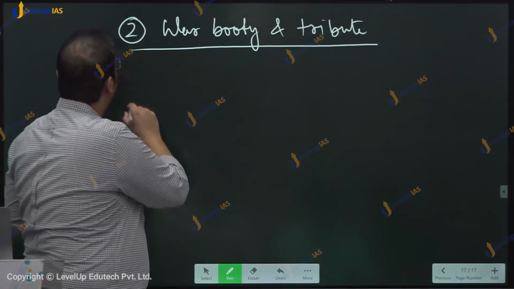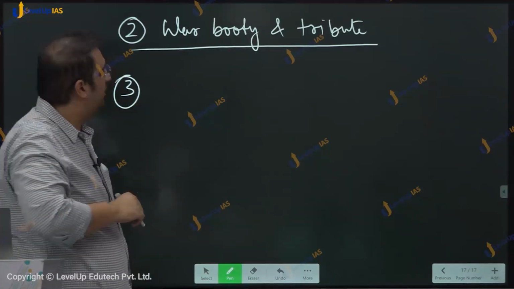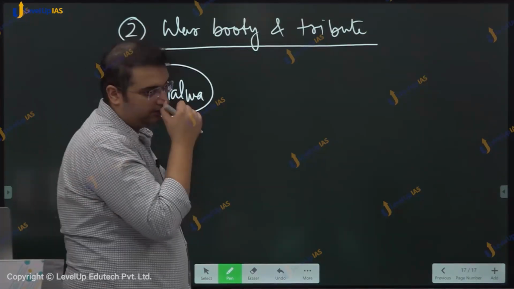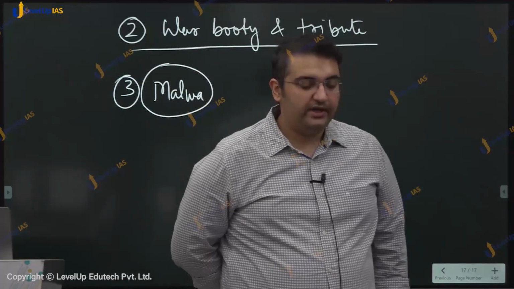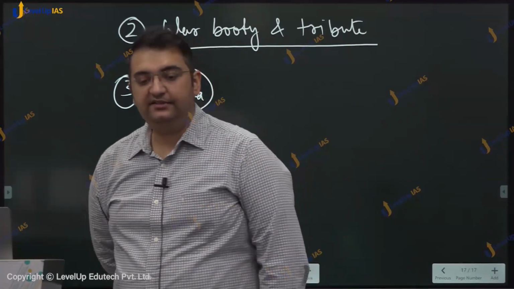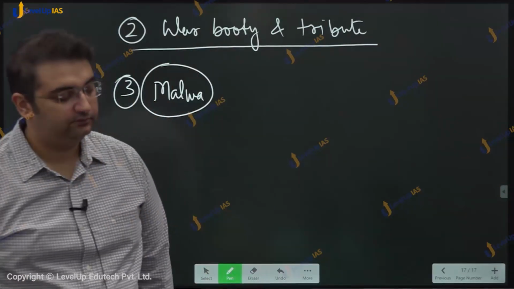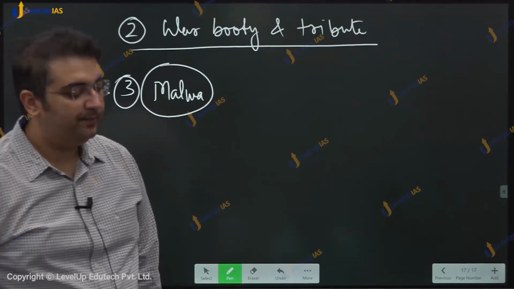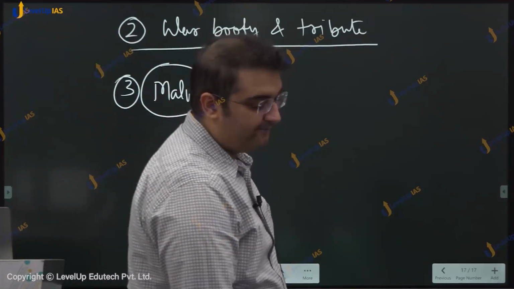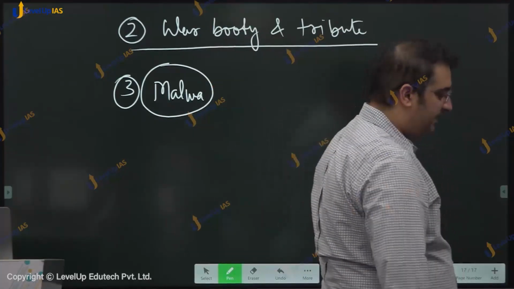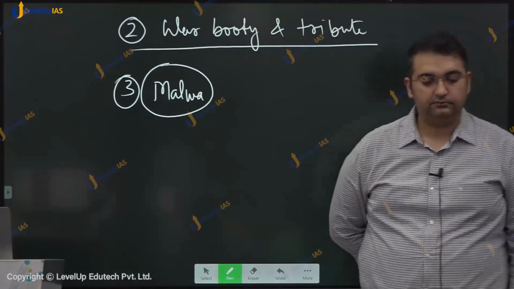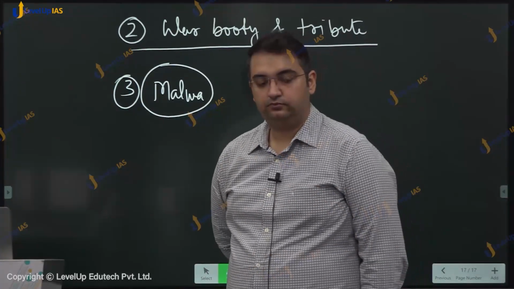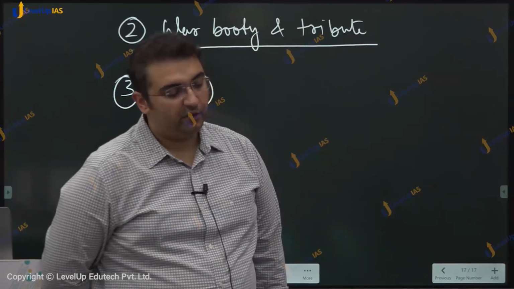Next, right, number 3. The region of Malwa was sandwiched between these three powers and was of extreme strategic and economic importance. Point.